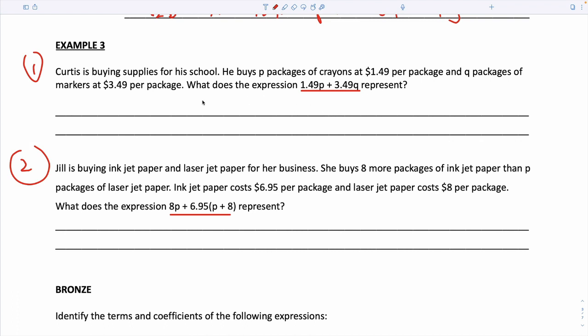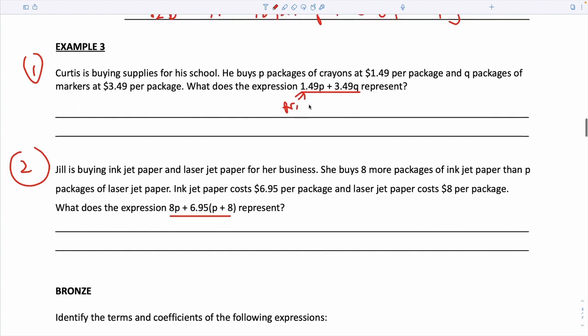What does this guy mean? 149p plus 349q, Tanner. Price per package and then marker per package. So this is the price per package, and that's the price of the total. That's his price of markers. Oh, I meant try marker. No. Felix, the first one is the crayon.